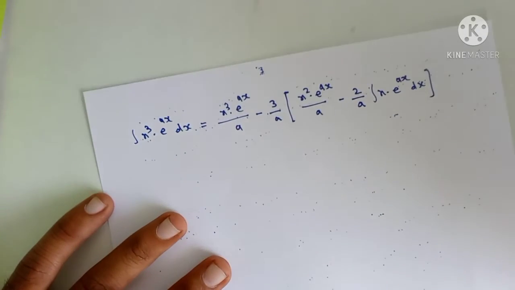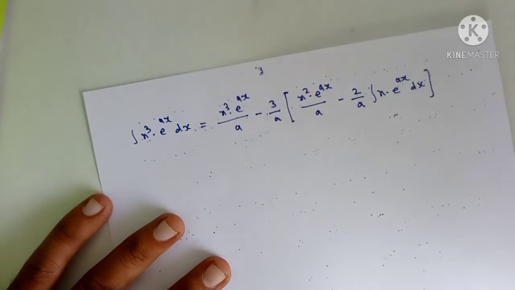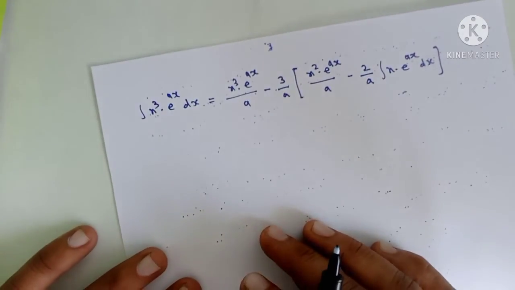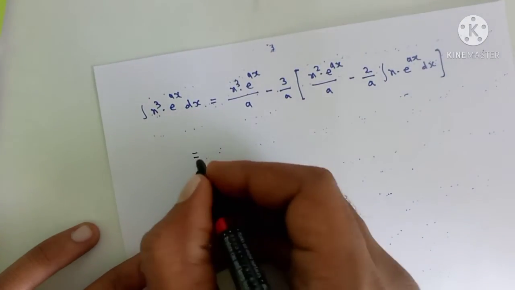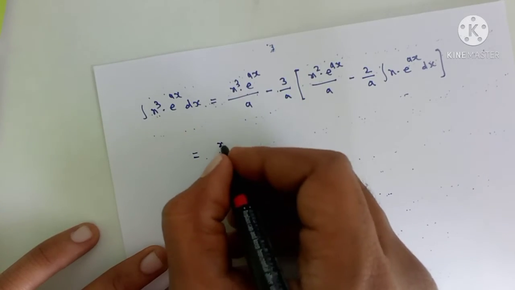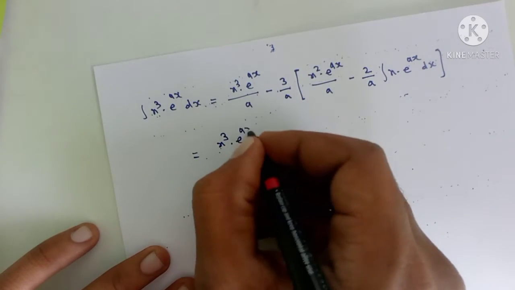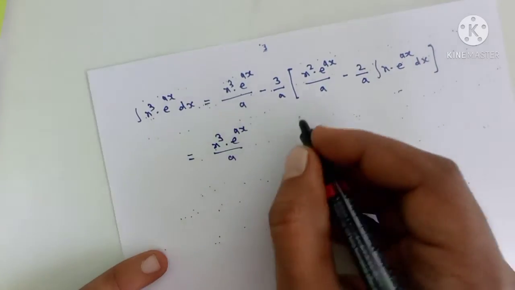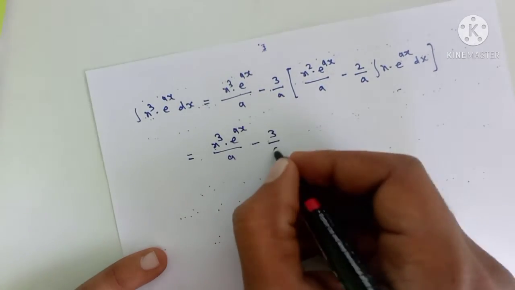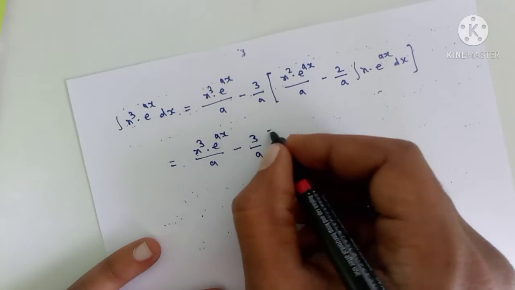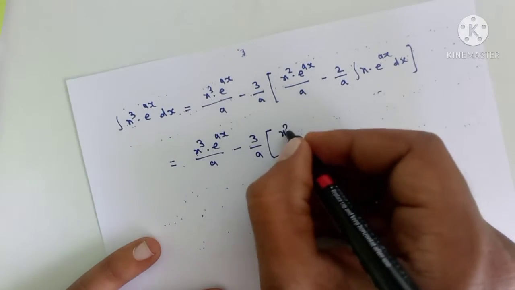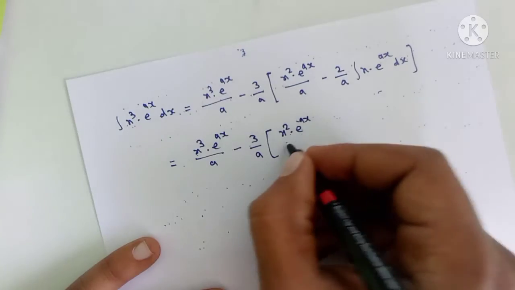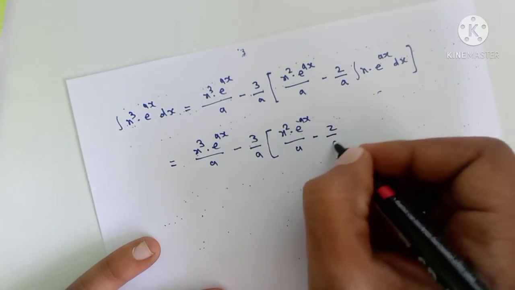We have put the value of the integration of x square into e raised to ax from equation 1. So it will be equal to x cube into e raised to ax divided by a as it is, minus 3 by a into this term as it is, x square into e raised to ax divided by a minus 2 by a.